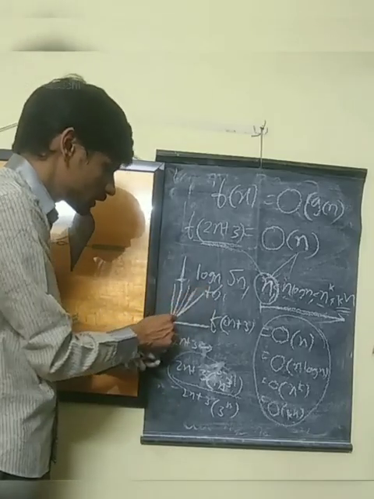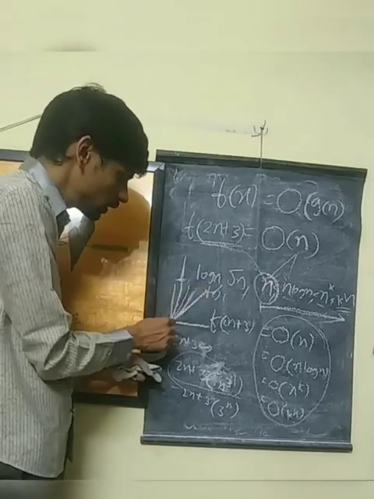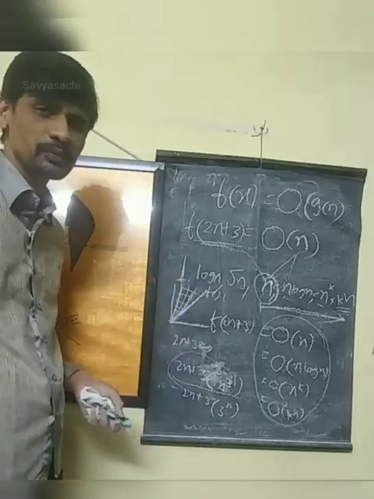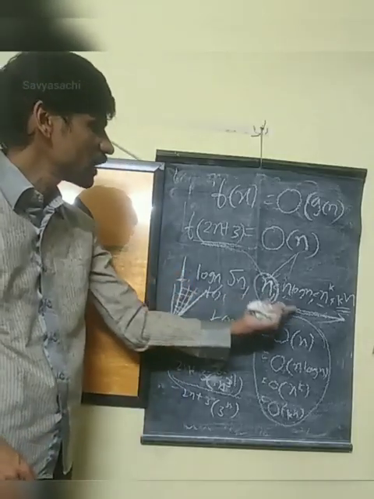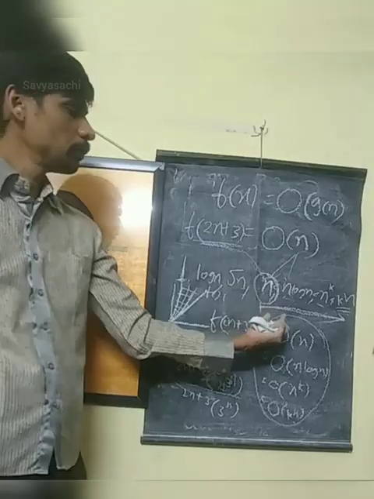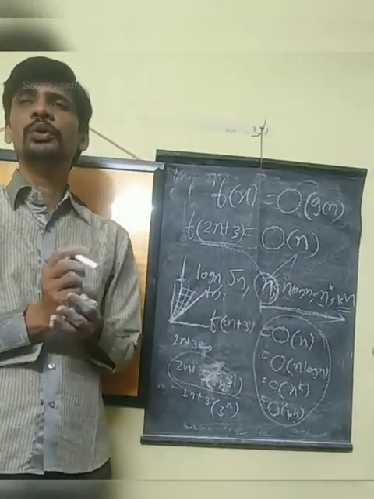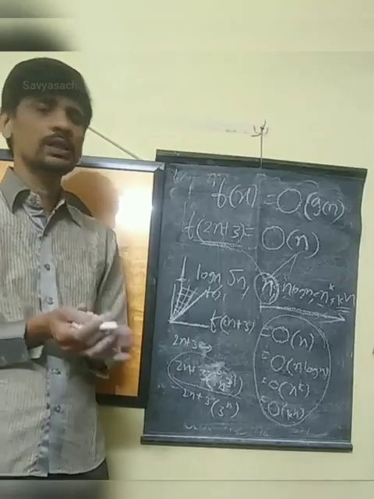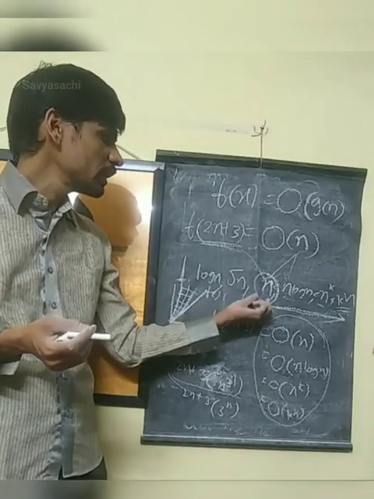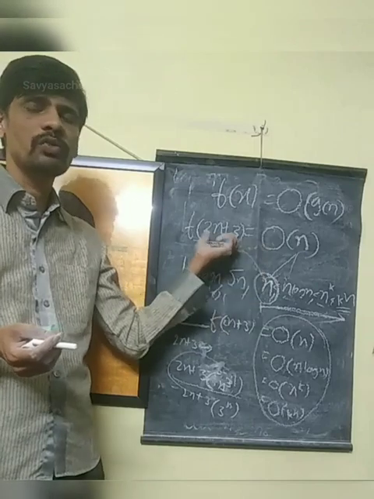So for this function these are all upper bounds, not only n. But it is very good to tell the nearest upper bound for this function.